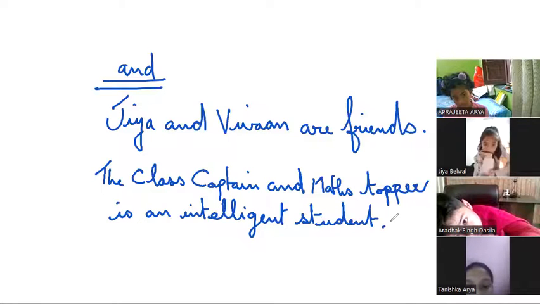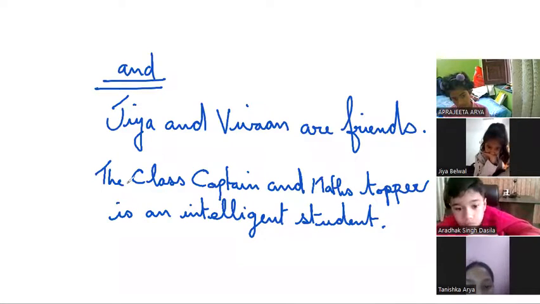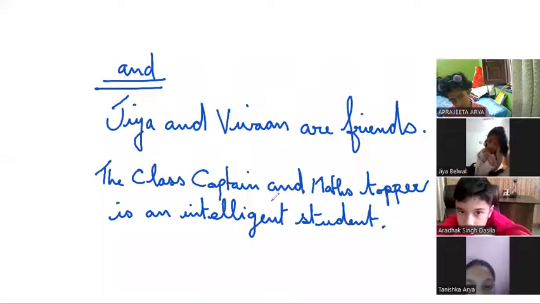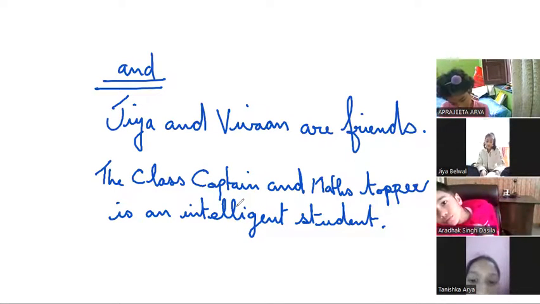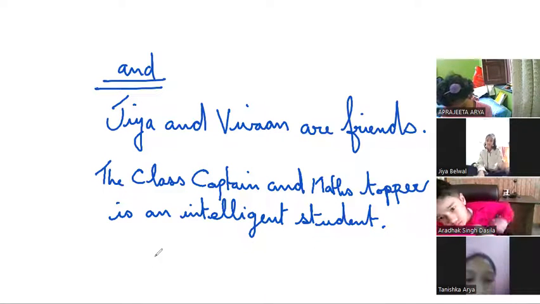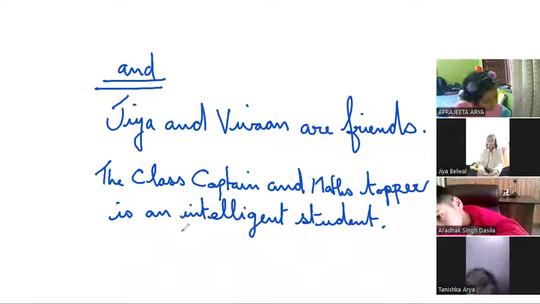Here I'm referring to the single person who's the class captain as well as the maths topper. Right? Remember this. And how do we get to know? Because there is no the before the second position. Okay, just remember this. Understood? All right. So the class captain and maths topper is an intelligent student.